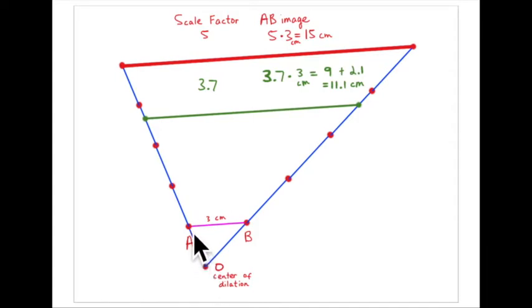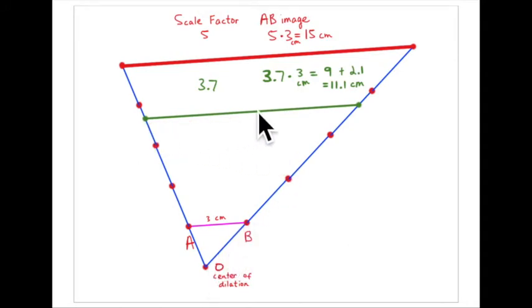Well, this is 1 times A, 2 times A, 3 times A, and I'm going to just estimate that 7/10 is about right there. So I'm using the same figure I just used, but now the scale factor is 3 7/10. The length B is also going to get multiplied by 3 7/10. So this is 1 times, 2 times, 3 times, and this is 7/10 times the distance from O to B.